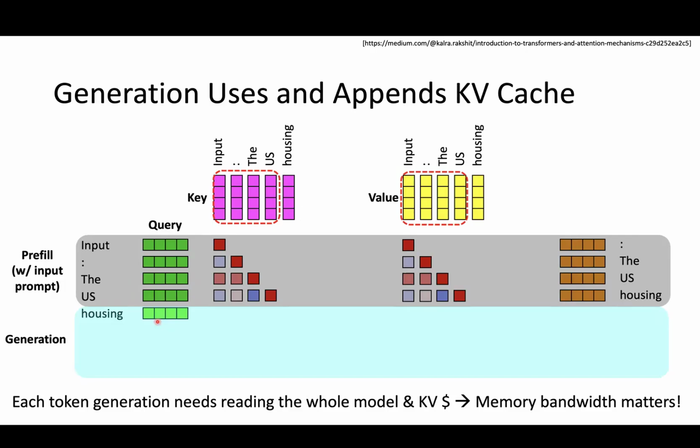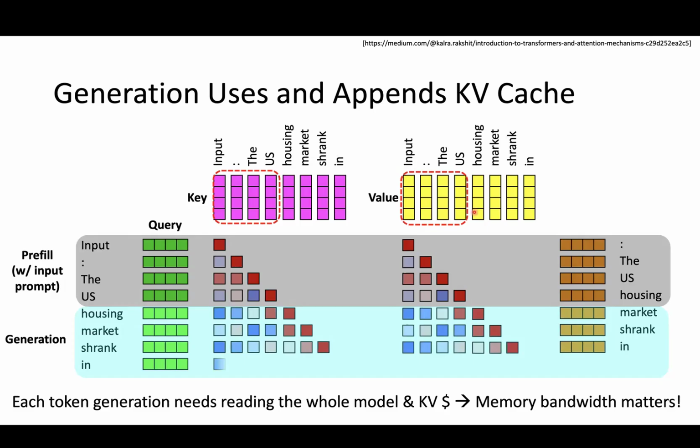In addition, while generating the output, the KV cache continues to grow. So in the case of long output generation, the KV cache size can be much larger than the model size. So we have a memory capacity and bandwidth problem, mostly due to the heavy KV cache in the case of long output sequence generation.